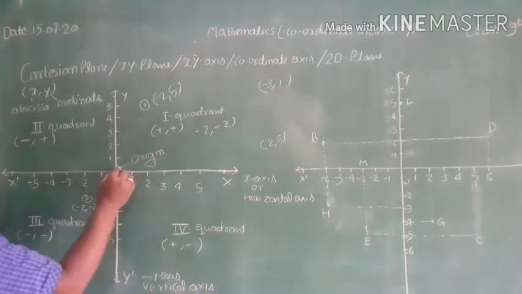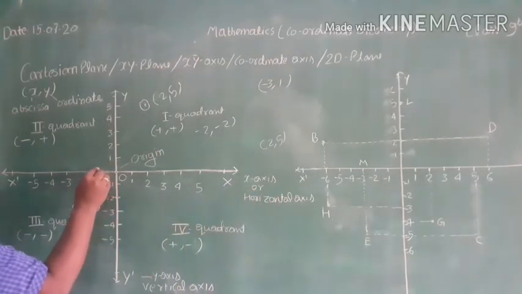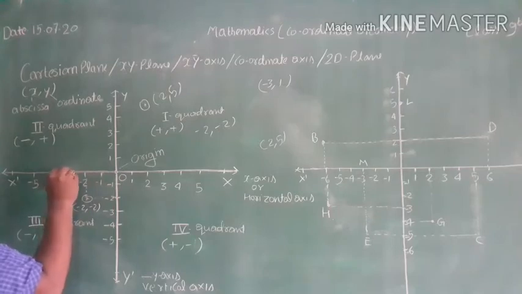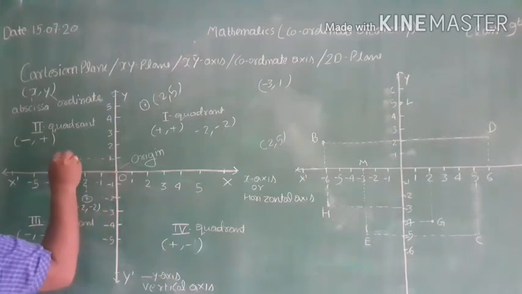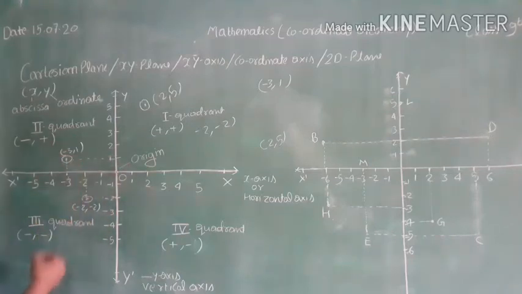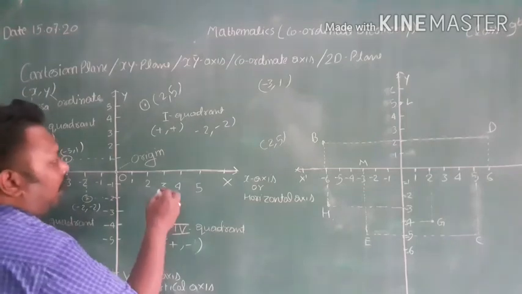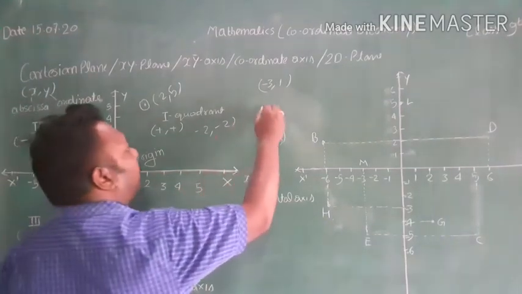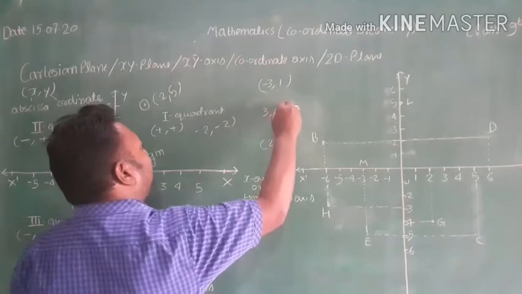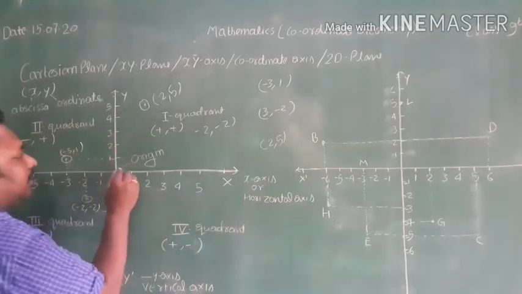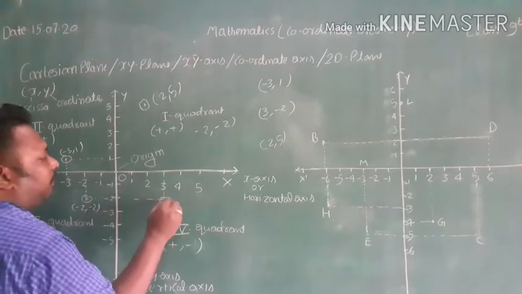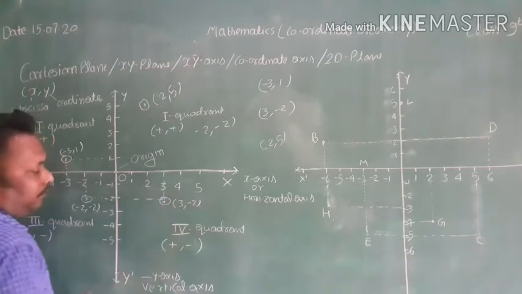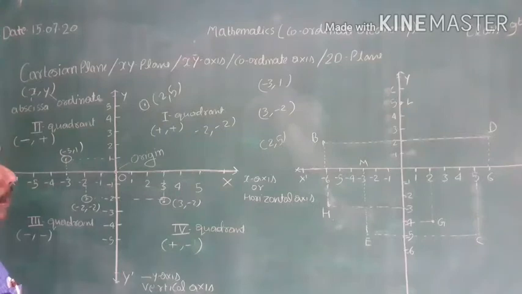So where does it lie? From the origin, first we go to -3, then up to +1. So the position of that point is (-3, 1). Last, suppose we plot (3, -2). So this is 3 and -2. The position of (3, -2) is this. This is the procedure for plotting a point.